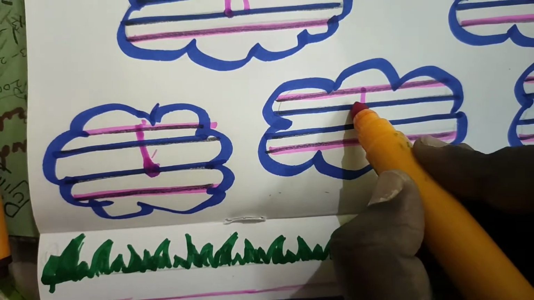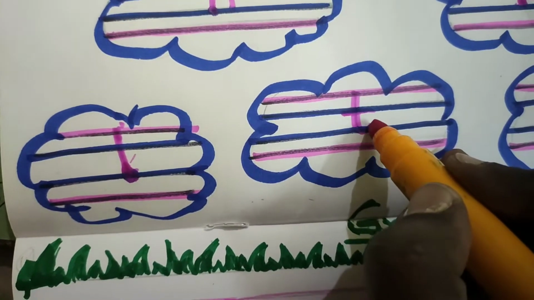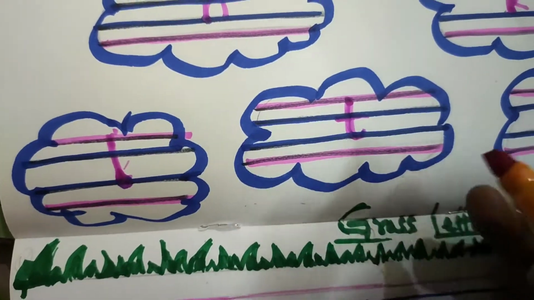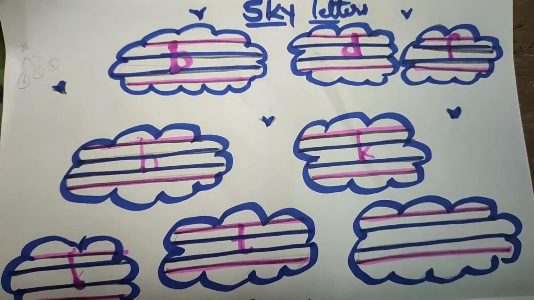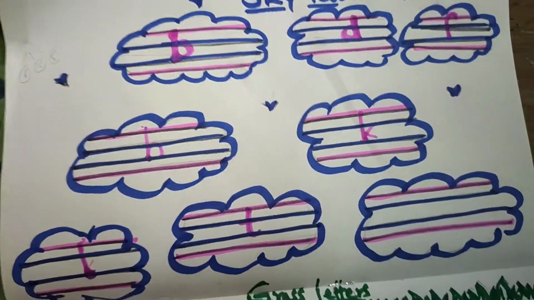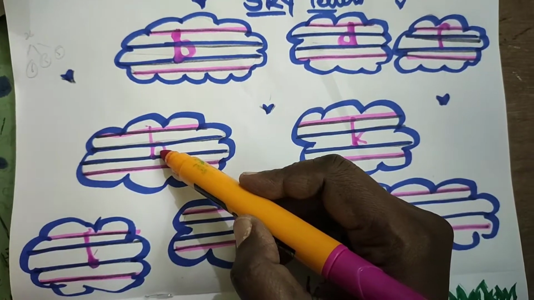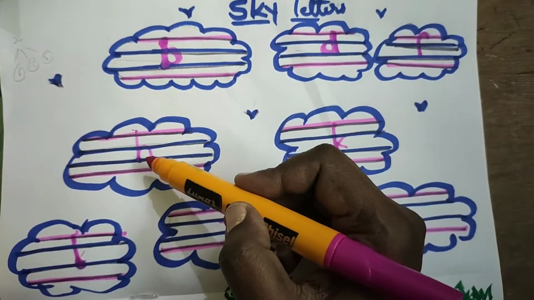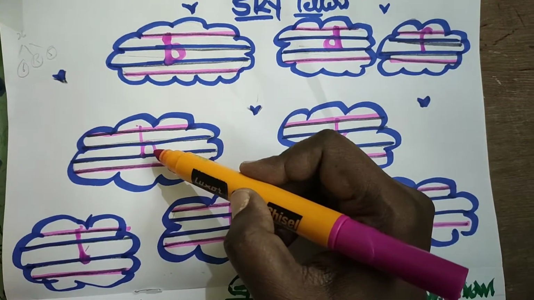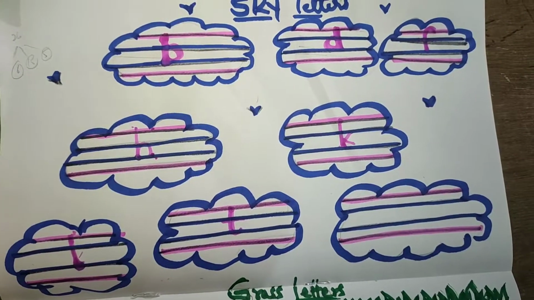And T. It also goes from the blue line to the pink line. These are all called sky letters. So we have seen how to write the letters in the proper place, from the blue line to the pink line. These are all called sky letters.